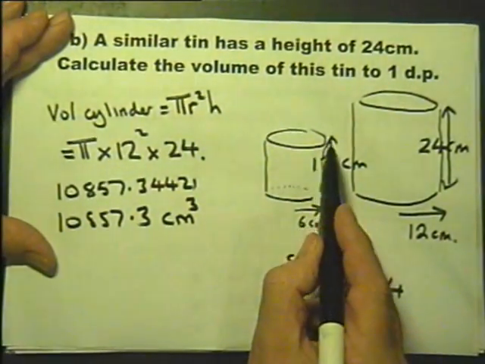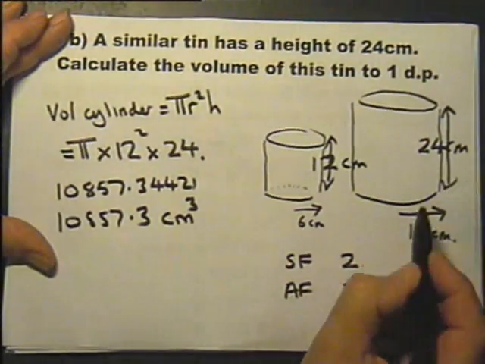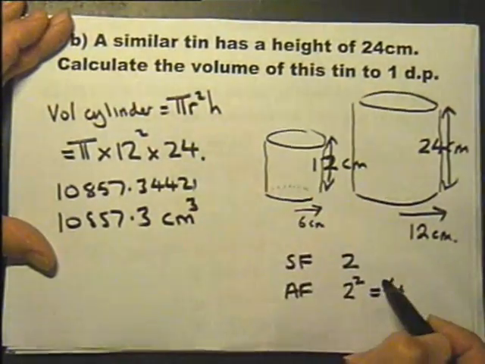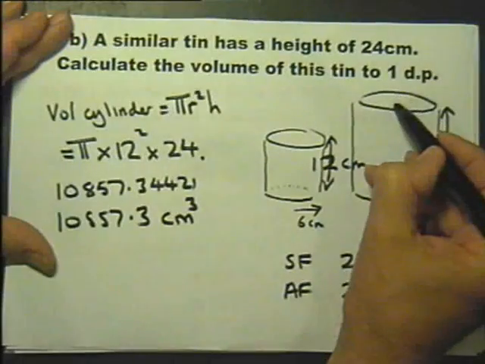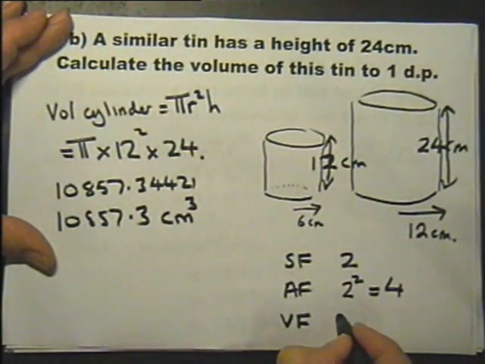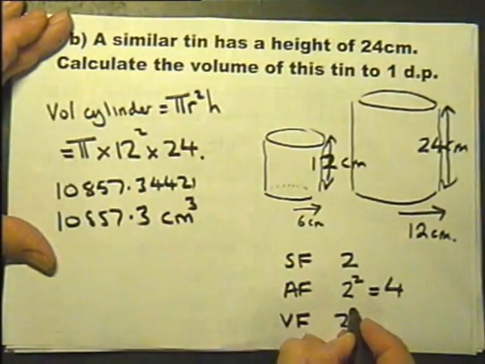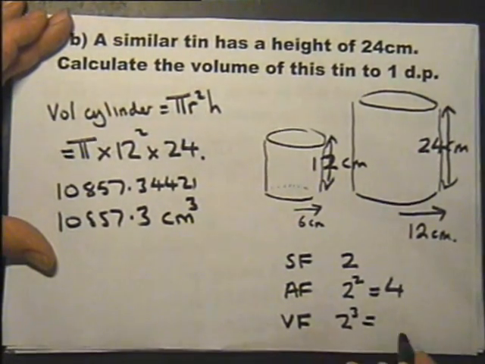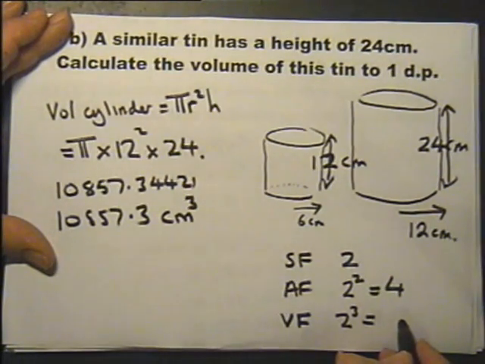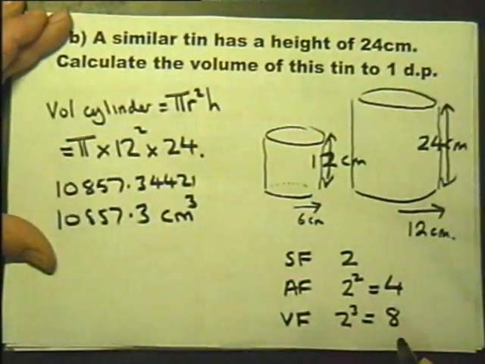So if that height is doubled, scale factor 2, then the area of that circle will be 4 times bigger on that circle, on there. And the volume factor, in other words, how much bigger is the volume, is in fact 2 cubed. 2 times 2 times 2. 2 2's 4, 4 2's are 8.